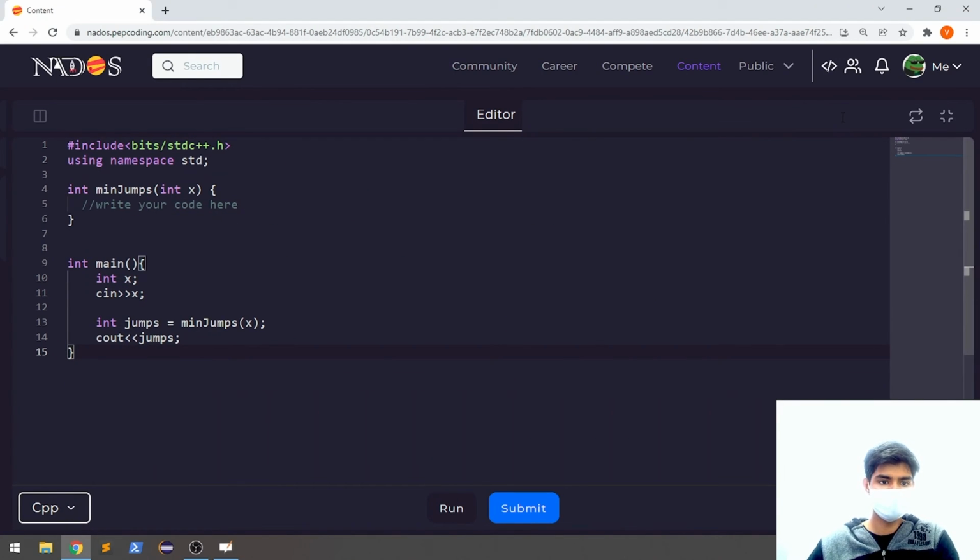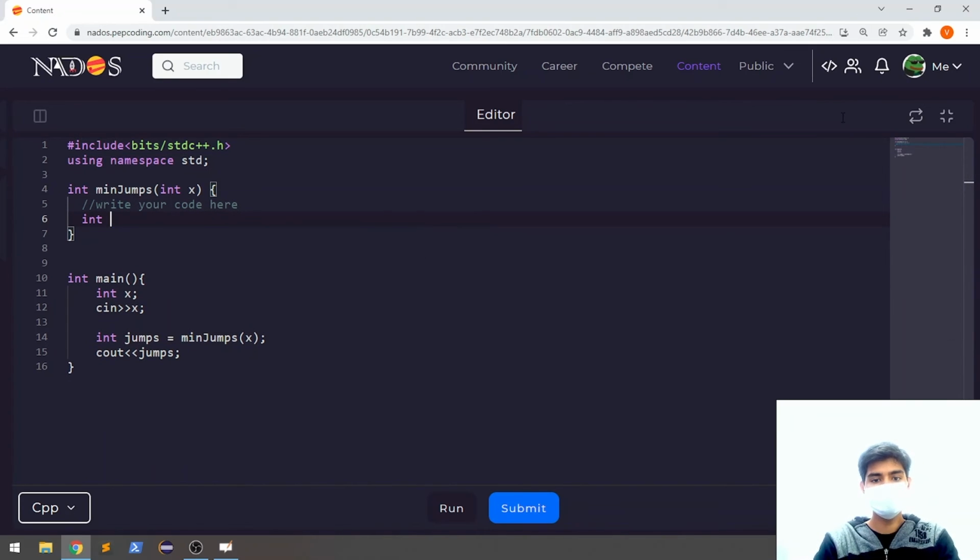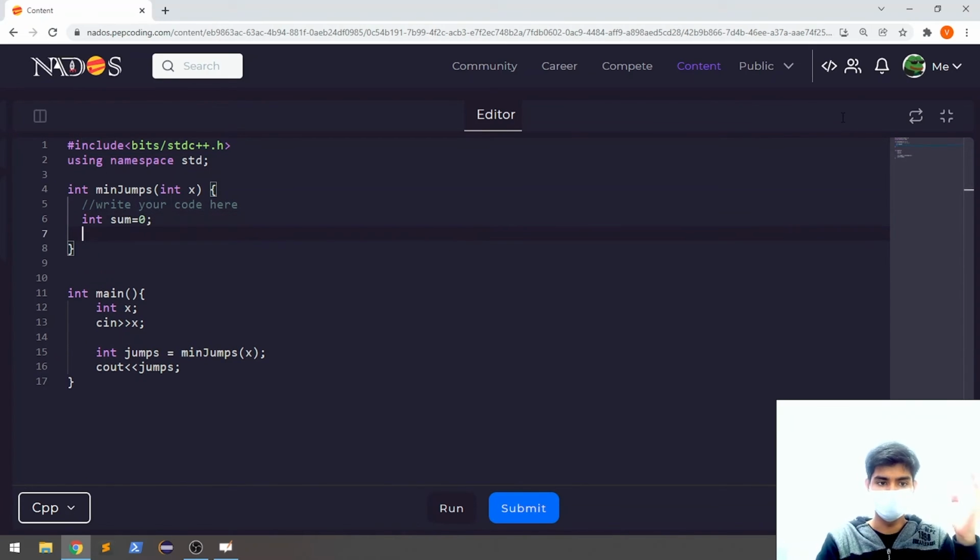This is in C++. The first thing is that I'll take a sum variable. This sum variable will keep track of all the jumps that I've taken. So if I take a jump of +1, +2, +3, +4, it will all be added to my sum.